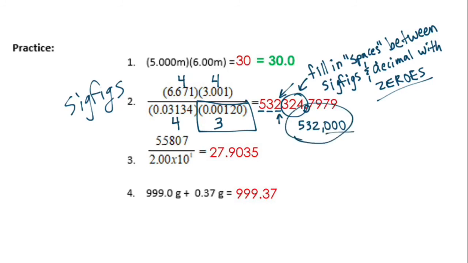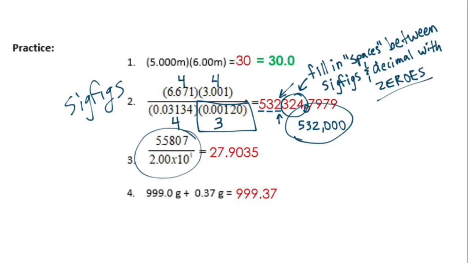As long as the zeros that you're writing down don't have a decimal anywhere in that number, then those are not significant zeros. So those are going to help us round and keep the place value of the numbers that we're keeping without adding any significant figures. So zeros not being significant can help us.